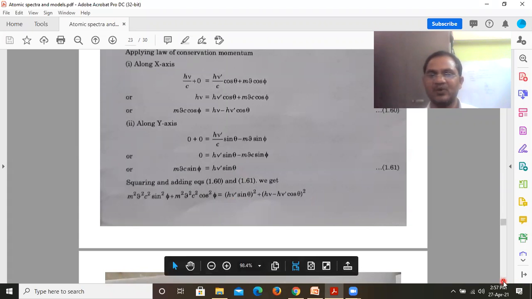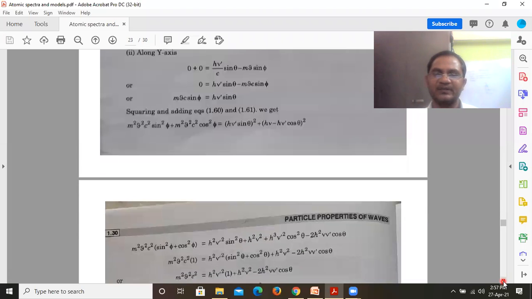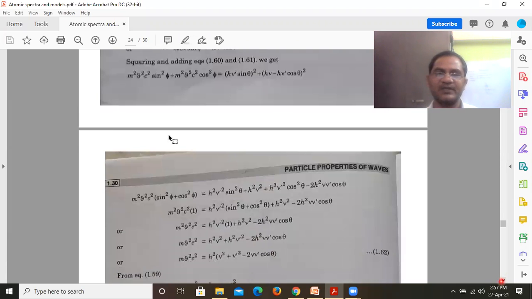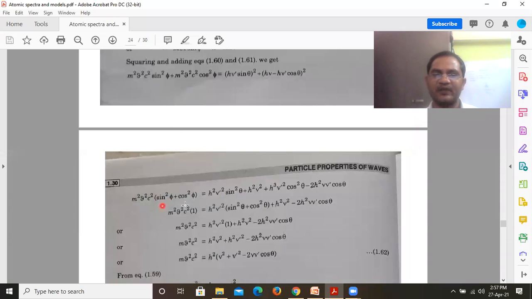Now you observe very carefully. It is only simplification, but the observation is very important. m square v square c square is common, with sin square phi plus cos square phi. On the right side, h square nu dash square sin square theta, plus the form (a minus b) whole square.